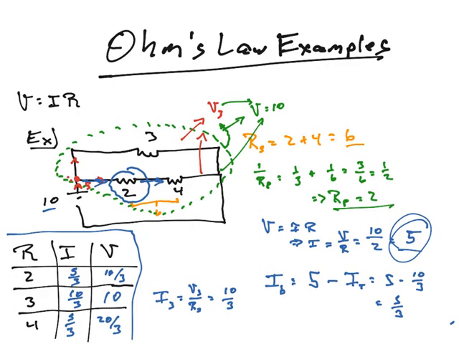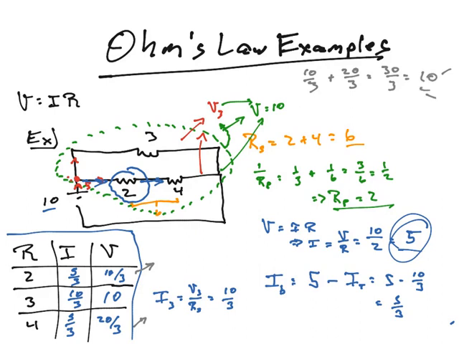One thing I can do to make sure I'm correct, because, hey, maybe I'm wrong, let me test. Remember I said the top branch has to drop 10 and the bottom branch has to drop 10. And for the bottom branch, those two resistors have to add up to that 10. Well, is that true? Take the voltage for 2 and the voltage for 4 and add them up. 10 over 3 plus 20 over 3 equals 30 over 3, which is indeed 10.